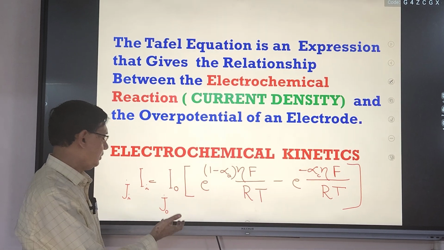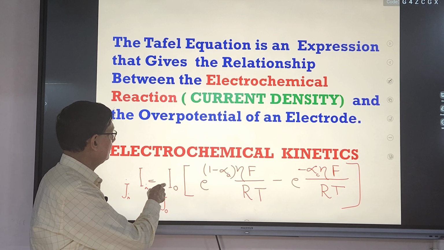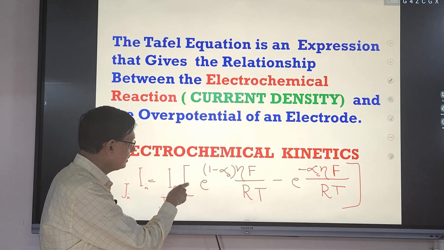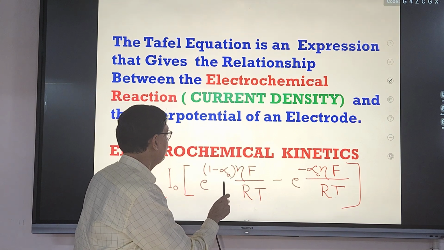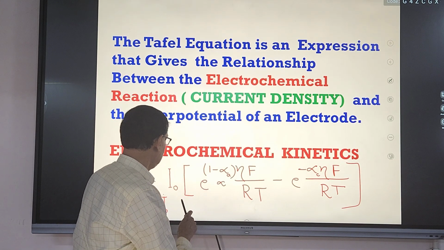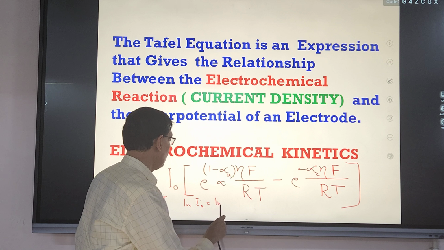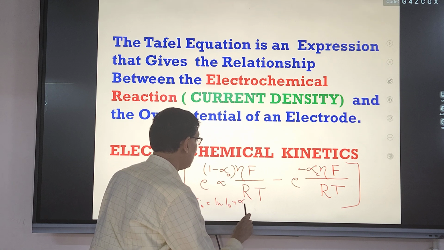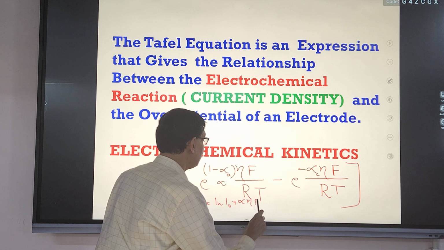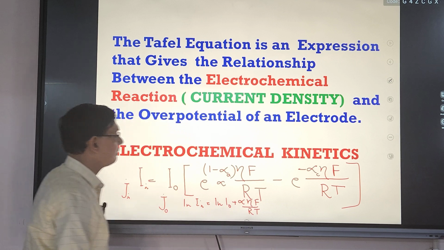If I take the logarithm, it is now very simple: log of I is equal to log of I0 plus, if I simply write alpha, natural log of I is equal to natural log of I0 plus alpha eta F by RT, or even you can write alpha n F by RT.